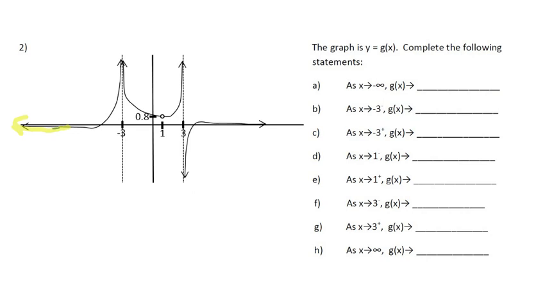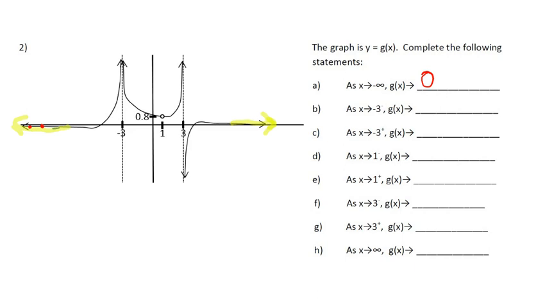All right, so now let's look at B. I'm being asked about what's happening on either side of x equals negative 3. So I look at my graph and ask myself, what kind of issue do I have at x equals negative 3? An asymptote or a hole?